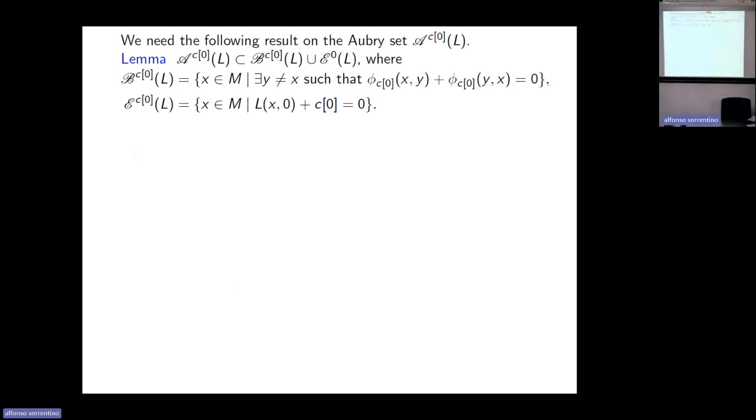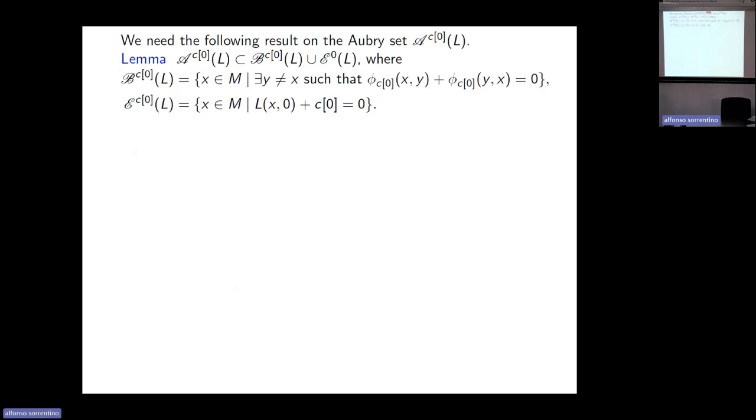Remember, we showed a little bit before that this quantity for every point x was non-negative. So it may be attained at some point, and if the point where this quantity L(x, 0) + c0 is minimum, the minimum is equal to 0, it is also in the Aubry set.